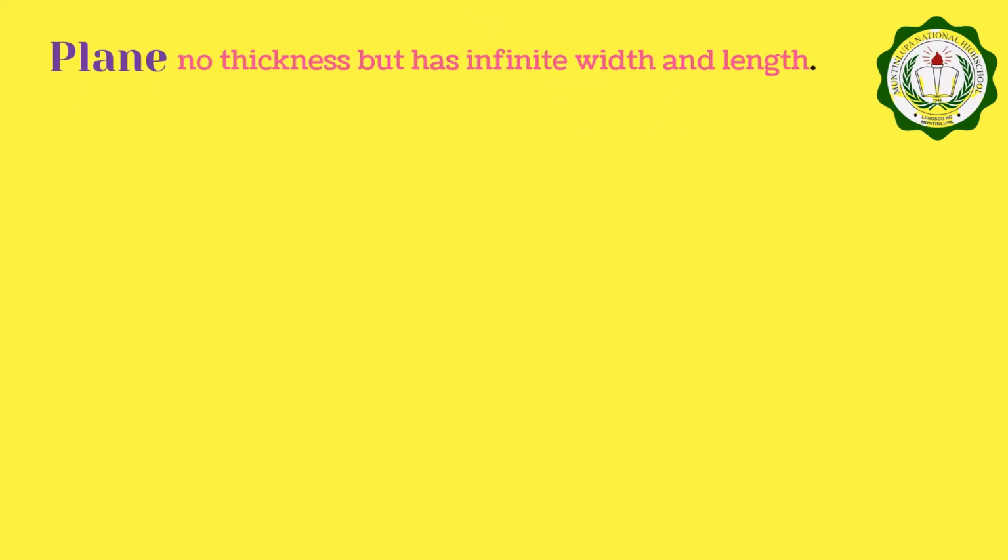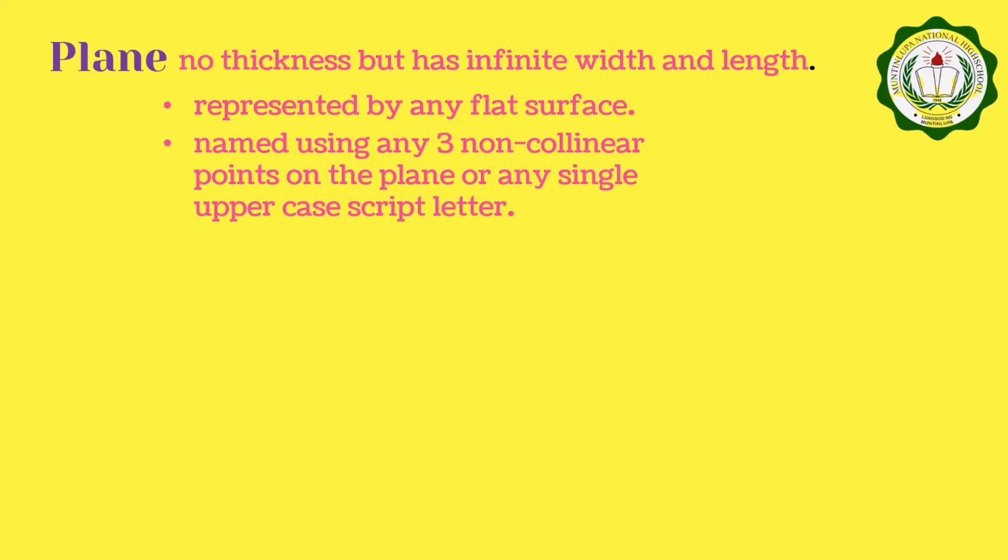The third undefined term in geometry is a plane. What is a plane? Now, a plane has no thickness but has infinite width and length. It is represented by any flat surface. In naming a plane, we use any 3 non-collinear points on the plane or any single uppercase script letter.